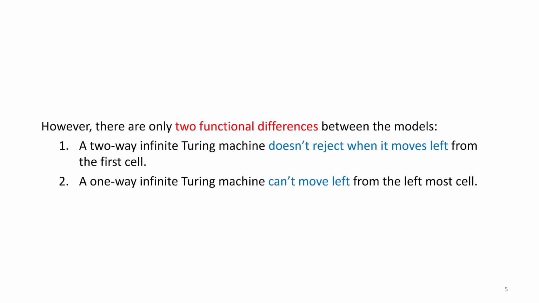However, it turns out there are really only two functional differences between the two machines, and I want to characterize these here. If a two-way infinite machine was trying to act like a one-way infinite machine, it would fail only in a certain case. That is, it wouldn't reject when it moved left from the first cell.